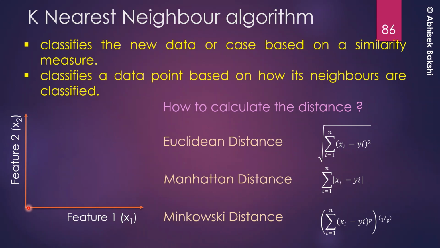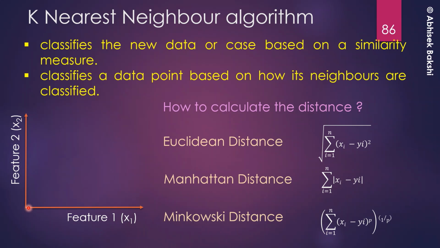The more similar the points are, the closer they will be to each other, which means the straight line distance will be very small. So that means we have to calculate this distance.